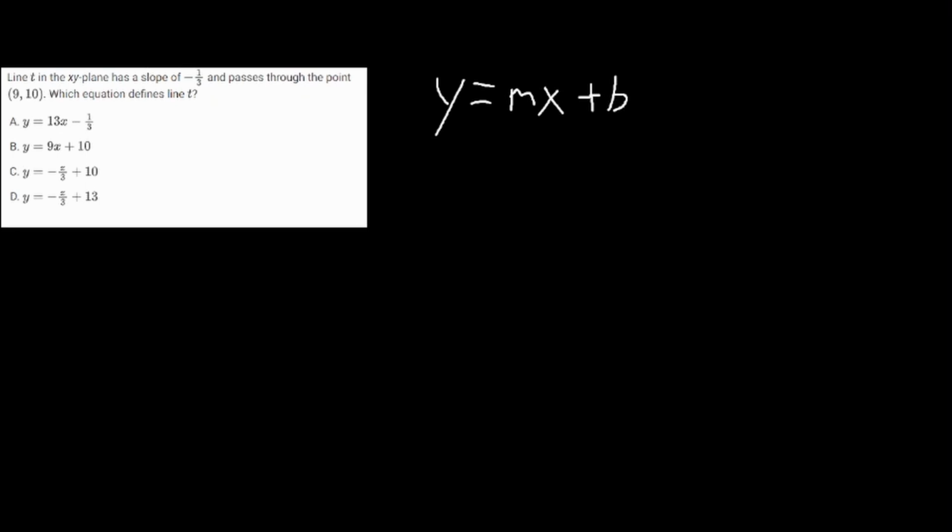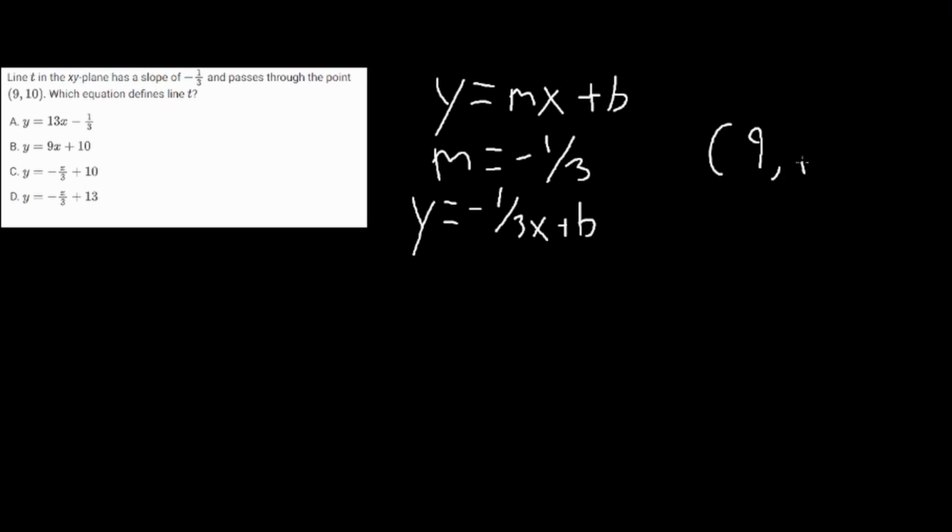Now, the question gives us our slope, which is negative 1/3. And so we can then plug that into our formula. So we get y equals negative 1/3 x plus b. Now, we are also given that it passes through the point (9, 10). So, in order to find our y-intercept, we can plug in these two values into our equation and solve for b.